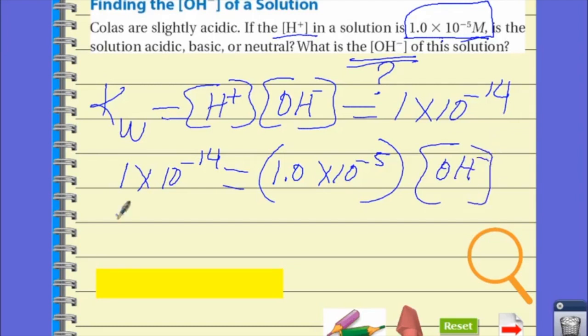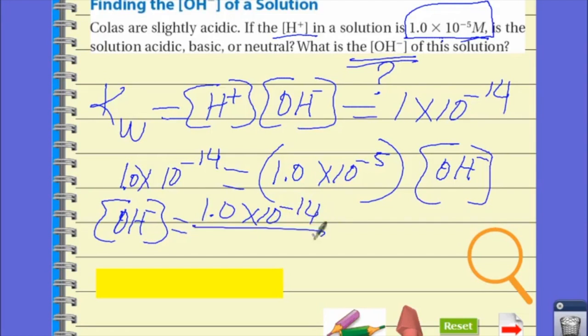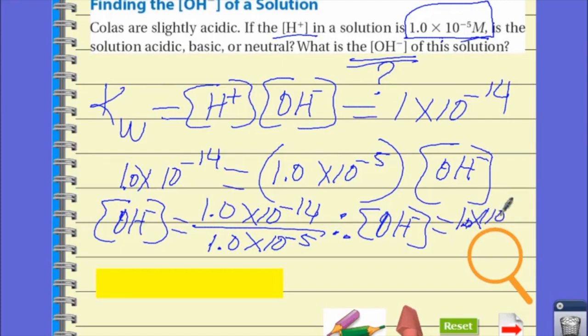Therefore, the concentration of OH minus equals 1.0 times 10 to the negative 14 divided by 1.0 times 10 to the negative 5. So my concentration of OH minus equals 1.0 times 10 to the negative 9.